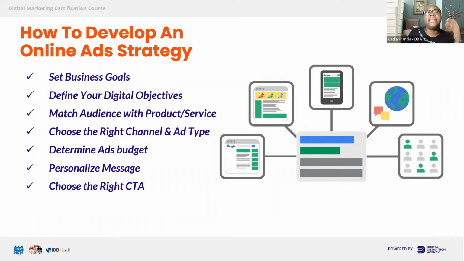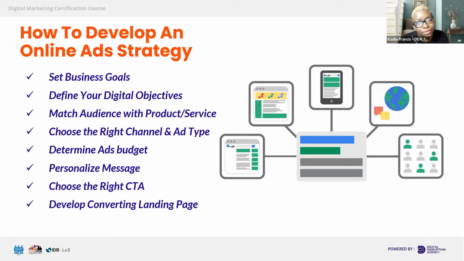So you need to ensure that you're using the right call to action to persuade somebody to follow up after seeing your ad. And then the next one is make sure that the page you're sending them to can convert. And what do I mean?